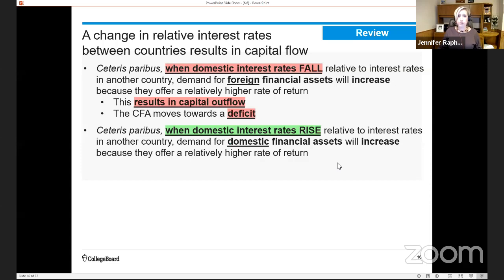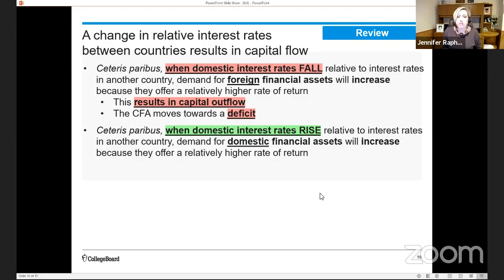It is also true, ceteris paribus, that when domestic interest rates rise relative to interest rates in other countries, demand for domestic financial assets is going to increase, right? So if you can earn a higher real interest rate in your own country, you are going to be purchasing fewer foreign financial assets, and people outside of the country are going to purchase more of the financial assets from your country.